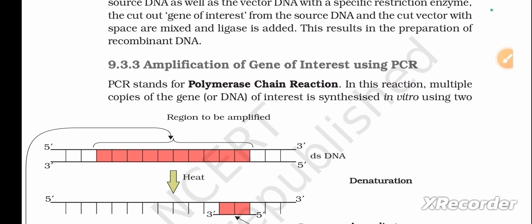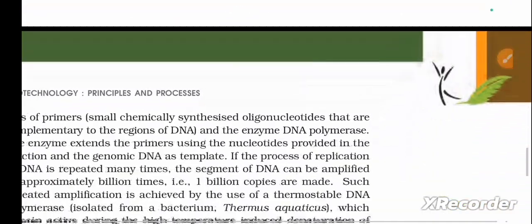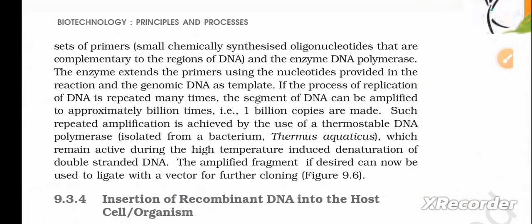PCR stands for polymerase chain reaction. In this reaction, multiple copies of the gene or DNA of interest are synthesized in vitro using two sets of primers, small chemically synthesized oligonucleotides that are complementary to the regions of DNA, and the enzyme DNA polymerase.